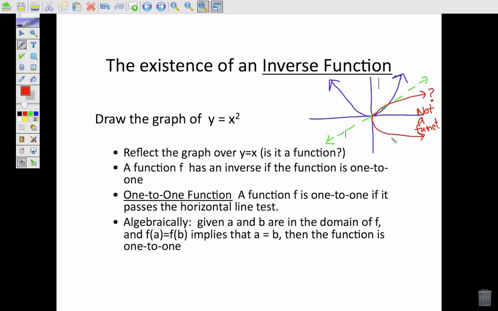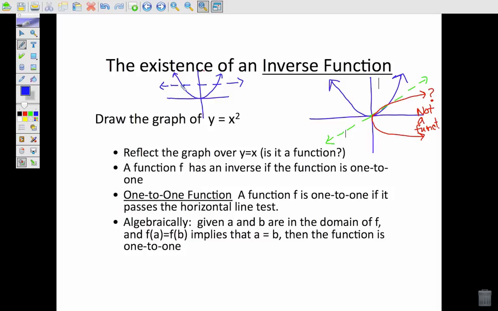All right, here's how you're going to be able to tell if your given equation has an inverse function. It's called the horizontal line test. If I were to take my original graph, my original parabola, and I run a horizontal line through it, you're testing to see if it's 1-to-1.